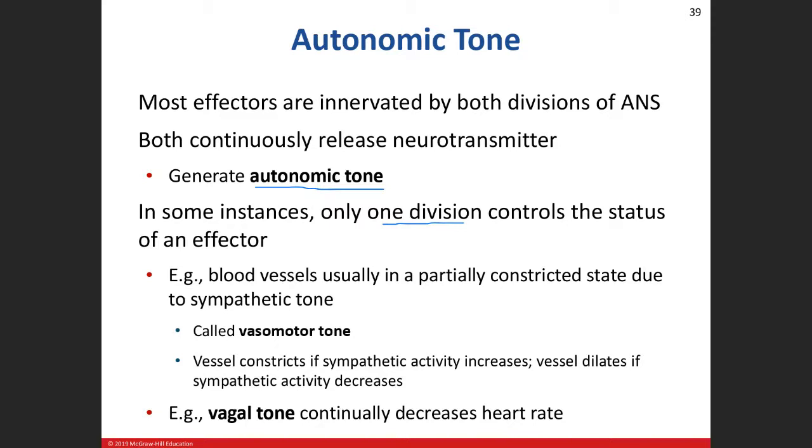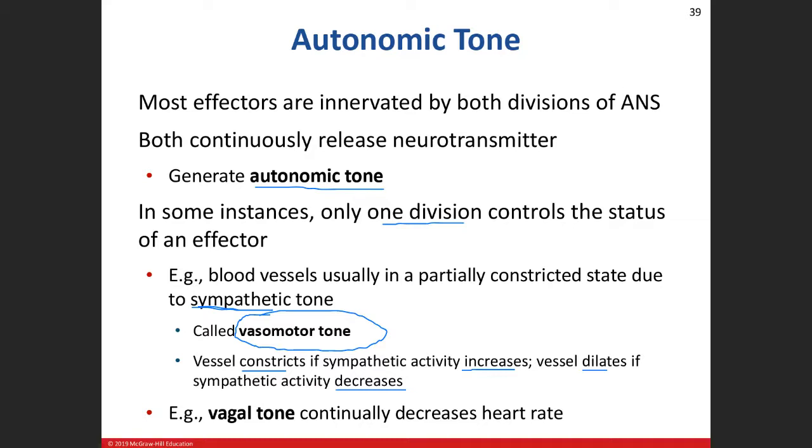So vasoconstriction occurs when we get an increase in sympathetic activity. Vasodilation is when we get a decrease in sympathetic activity. So we call that vasomotor tone. And that has to do with the sympathetic nervous system all by itself.